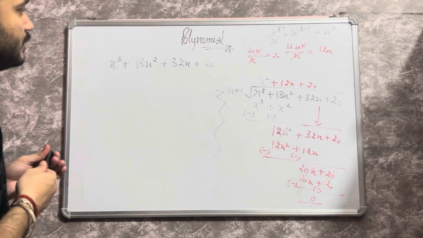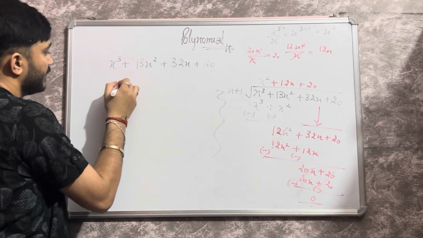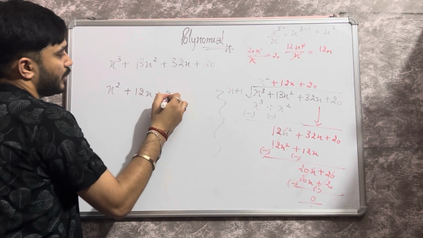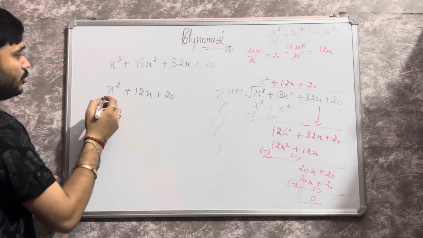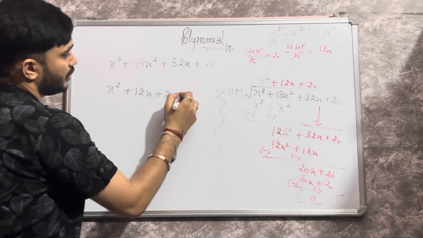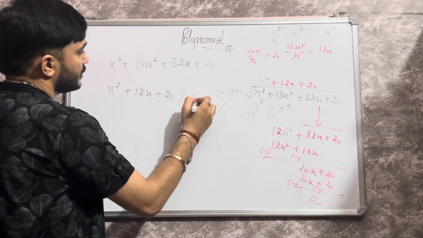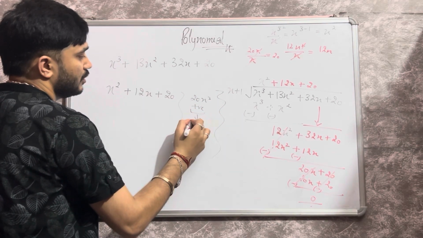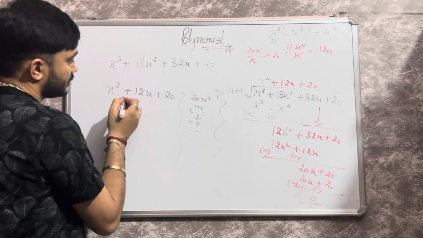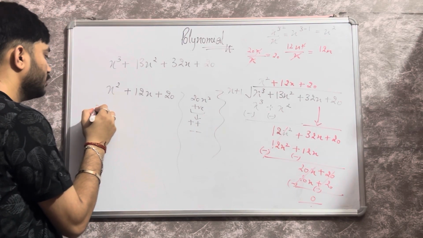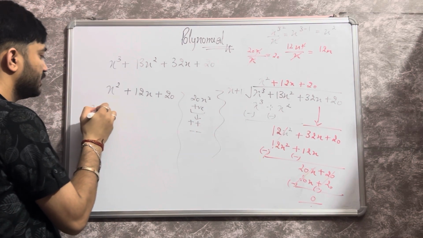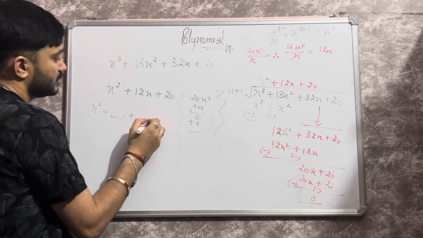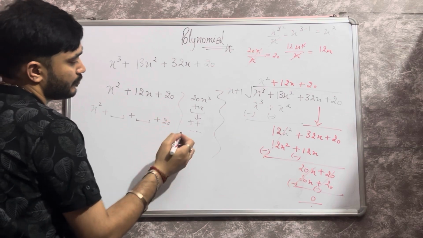Our next step will be to just factorize this quadratic equation. Look here, x square into 20 will yield us 20x square positive. So we have two cases, plus plus or minus minus. Since it is plus here, it is the first case, that is x square plus bracket some space plus 20.